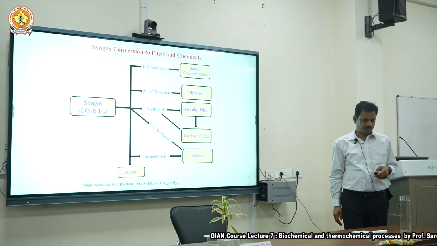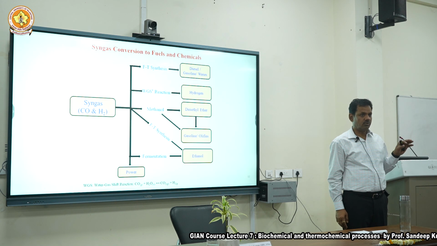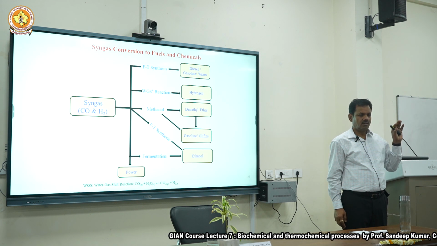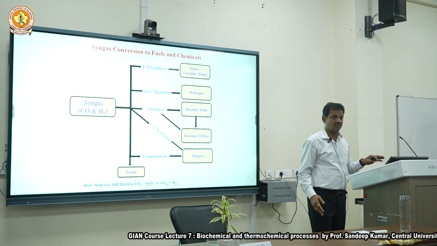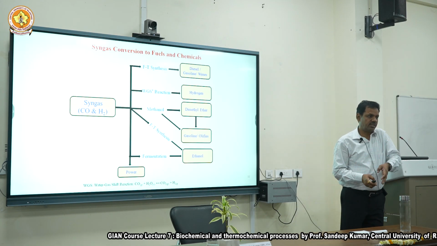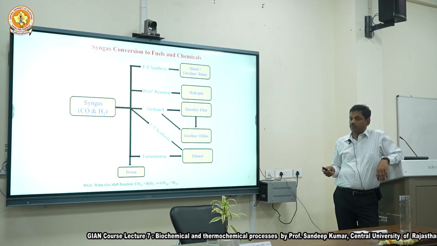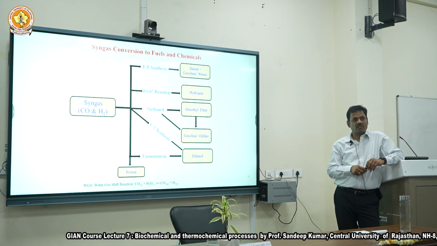Gasification. So pyrolysis, you have a good understanding now. If you are looking for bio-oil, you can make it. If you want to make char, just heat at low temperature and you can do it. Gasification, what does it do?